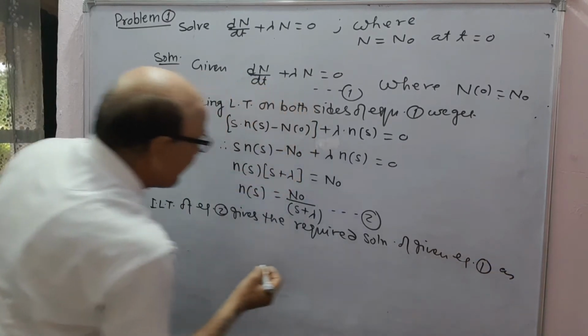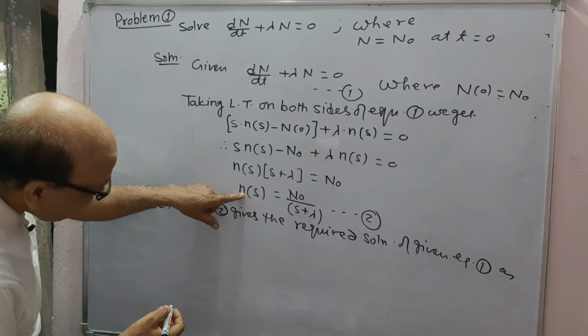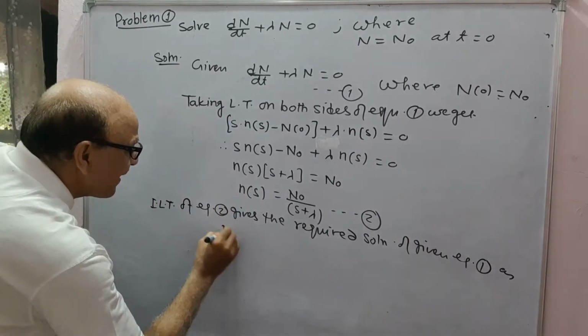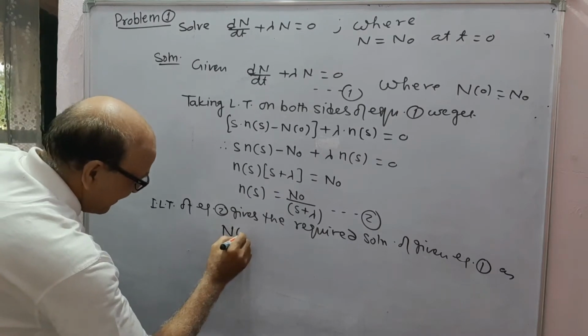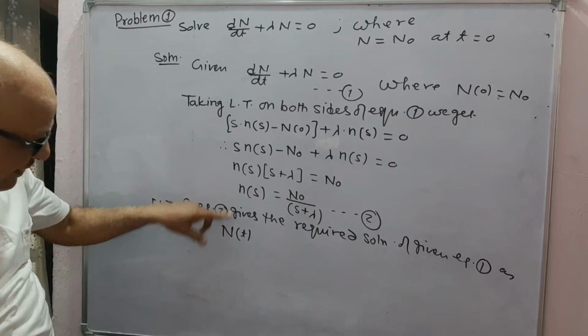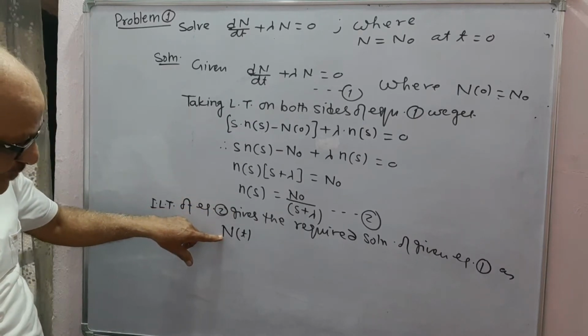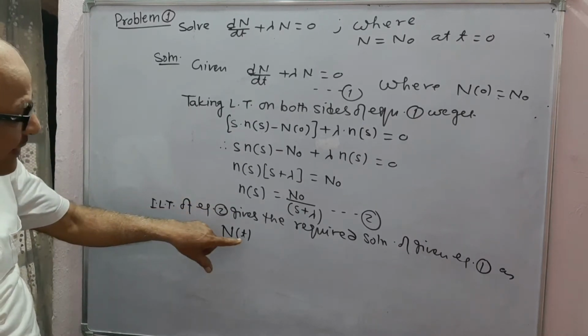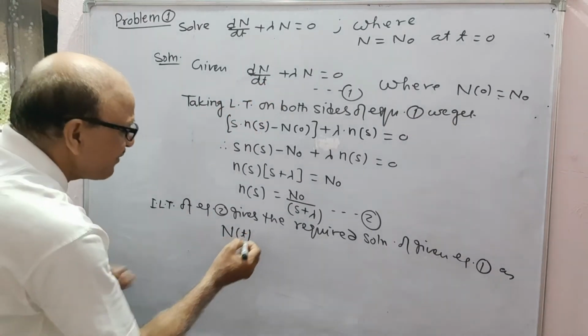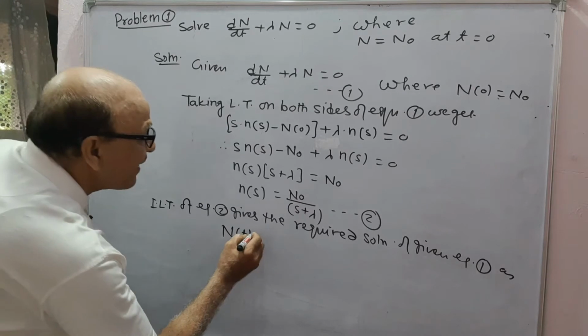Now its inverse Laplace transform will be n t. N t means this is similar to capital F, and t is the dependent variable time t, which may be simply written as n.